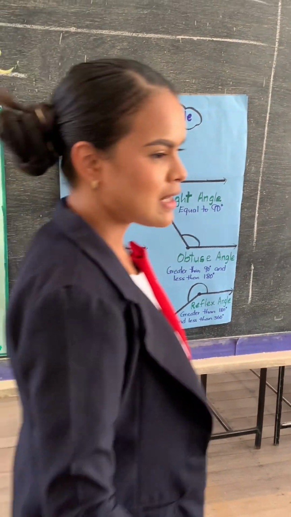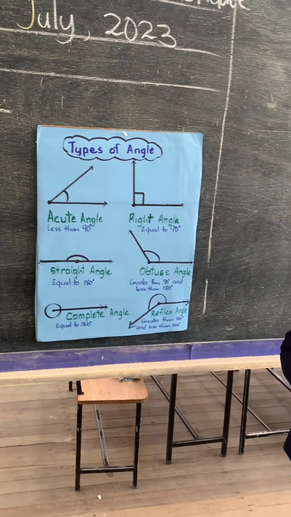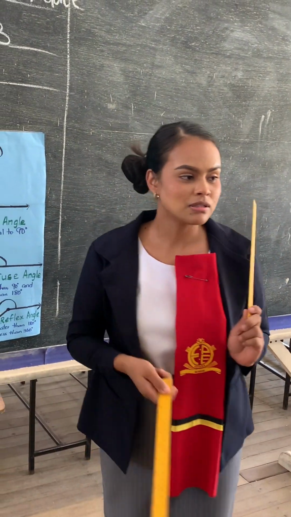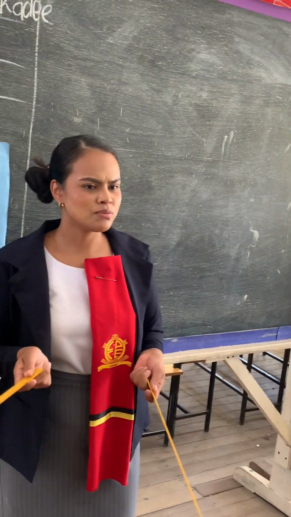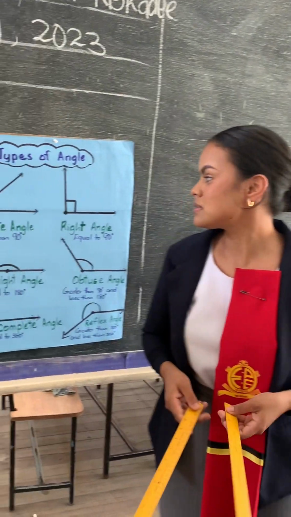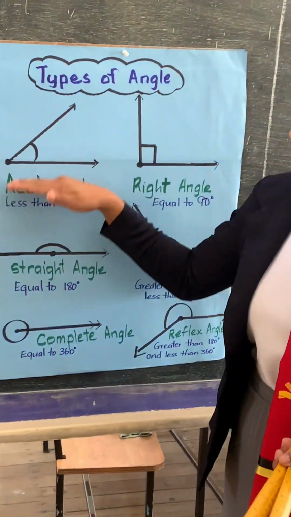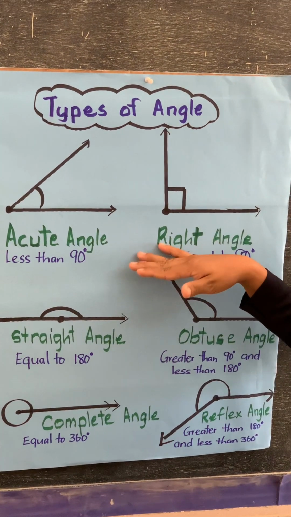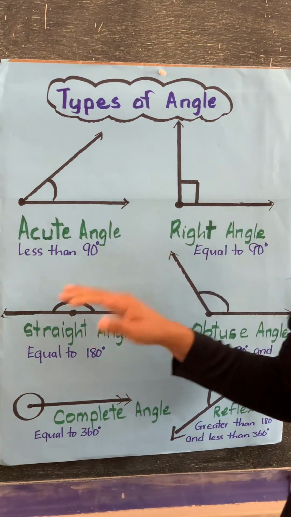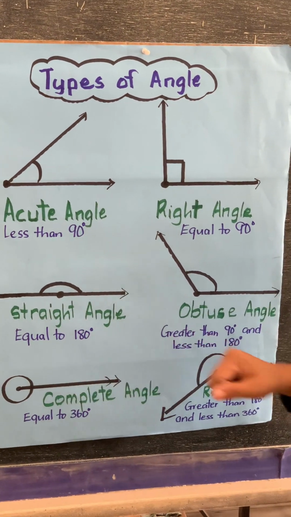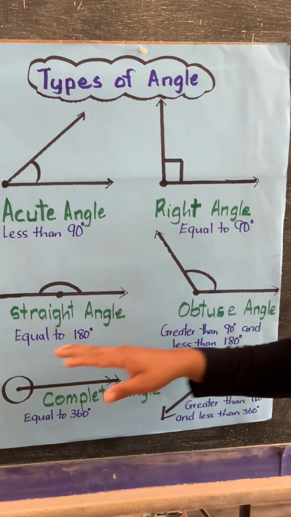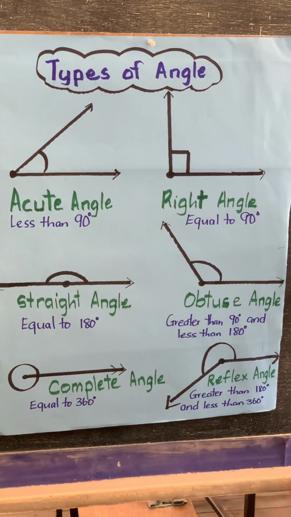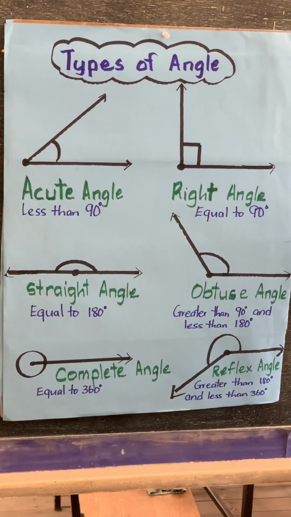Okay, so class, now we will look at the types of angles. I will use these two rulers here to demonstrate, and then we are going to look at some examples. So the first one here is an acute angle, right angle, straight angle, obtuse angle, and complete angle, and reflex angle.